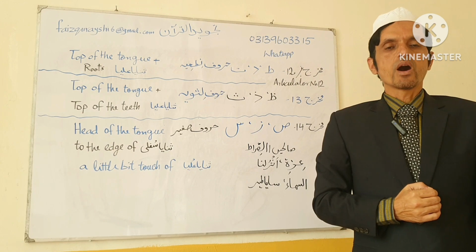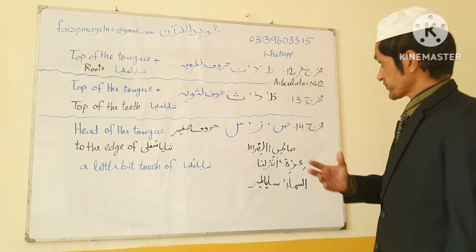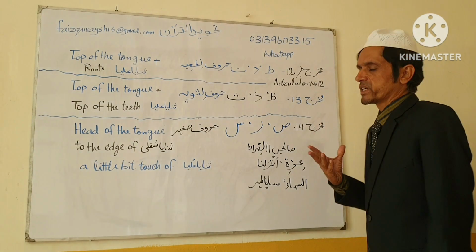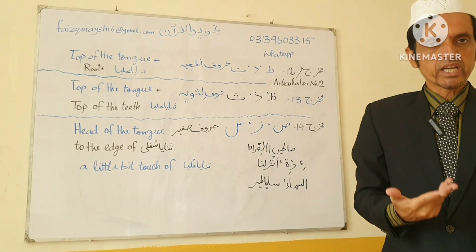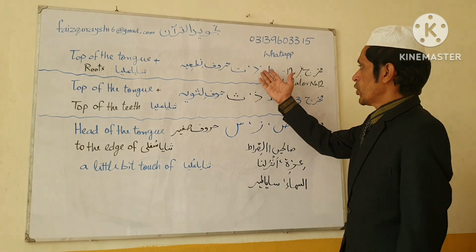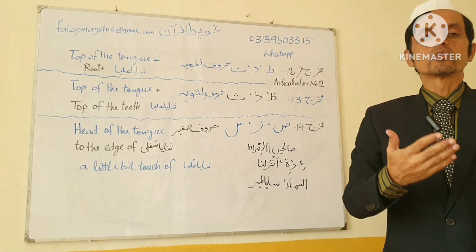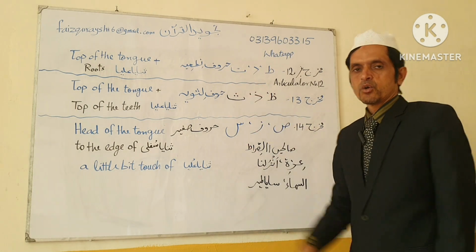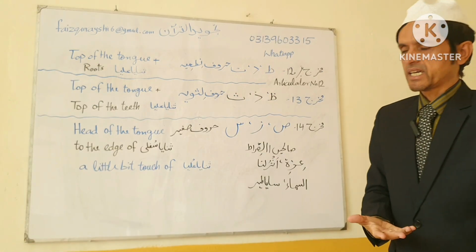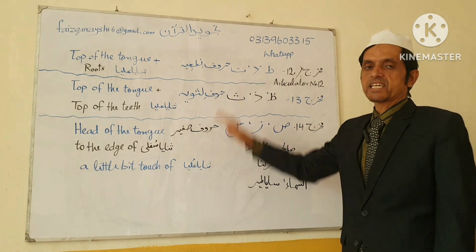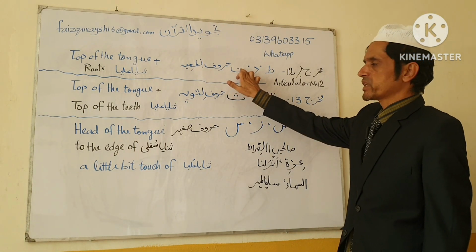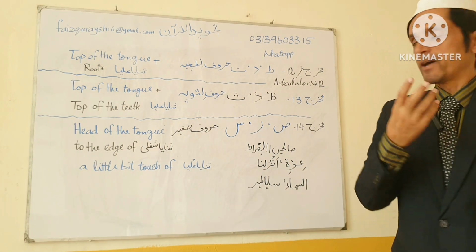For example, الطيبات للطيبين والطيبون للطيبات. ادخلوا في السلم كافة. والتين والزيتون. Ta with two dots, this shape with two dots, ta.